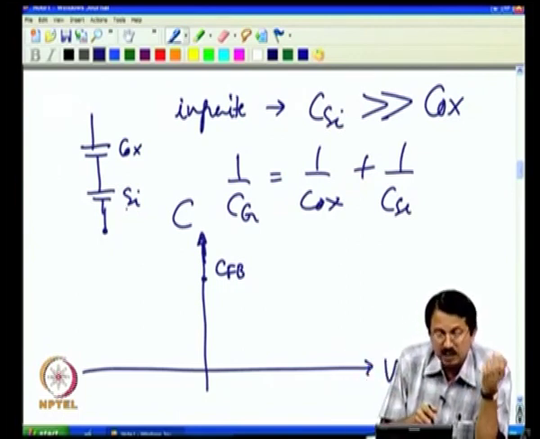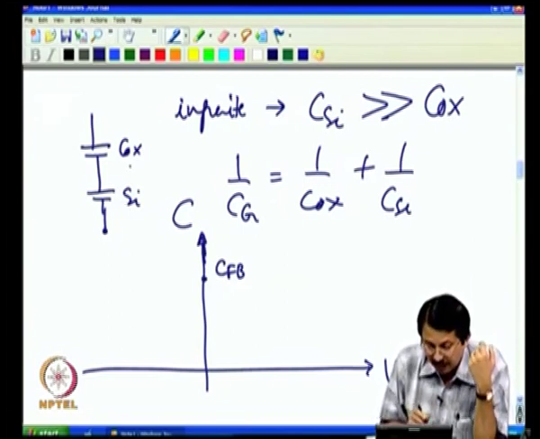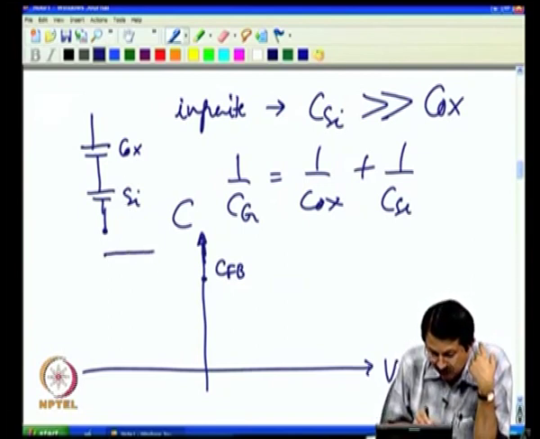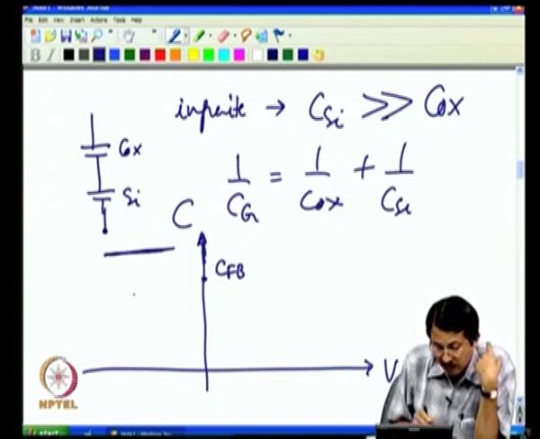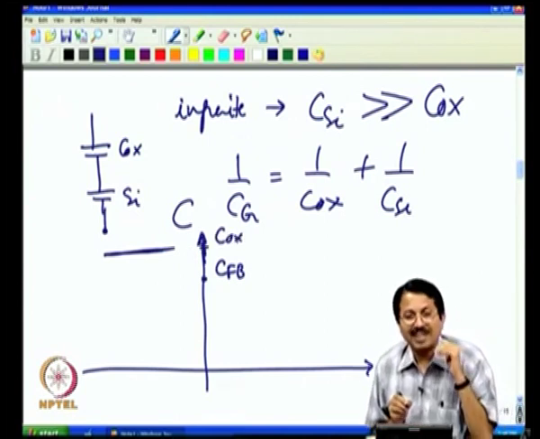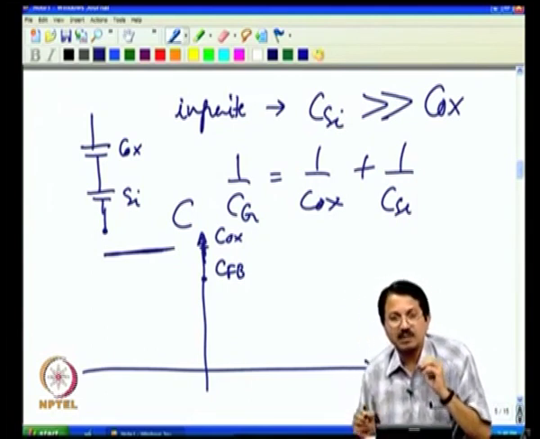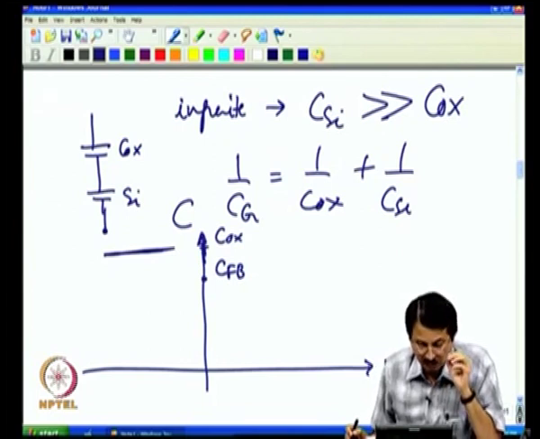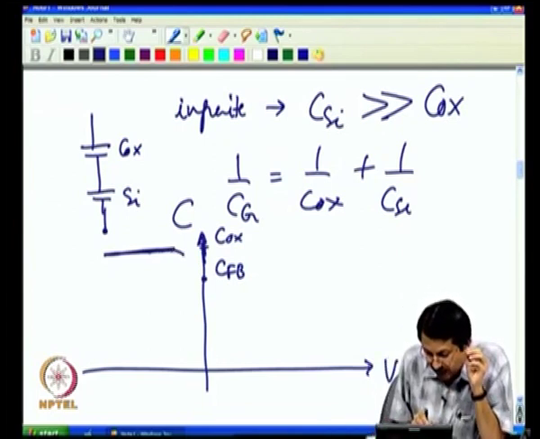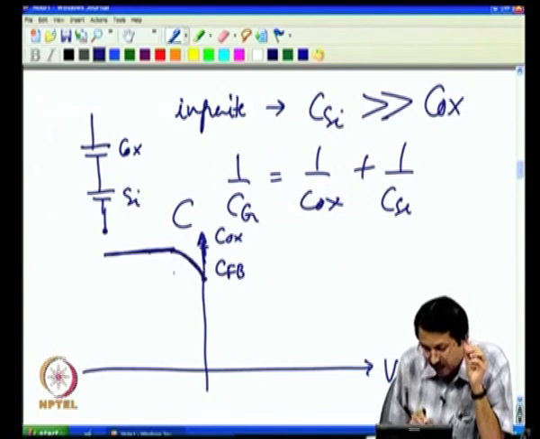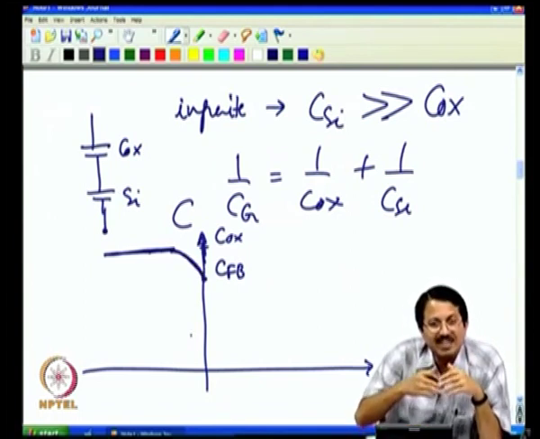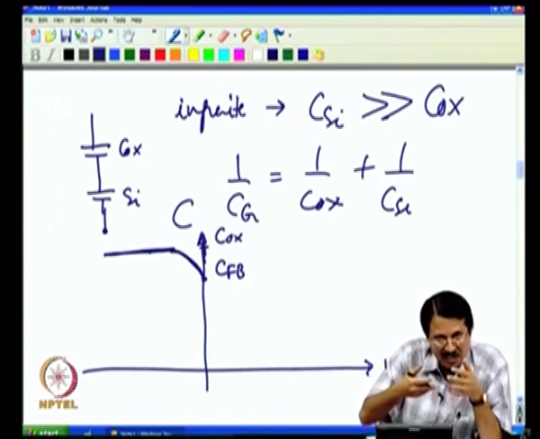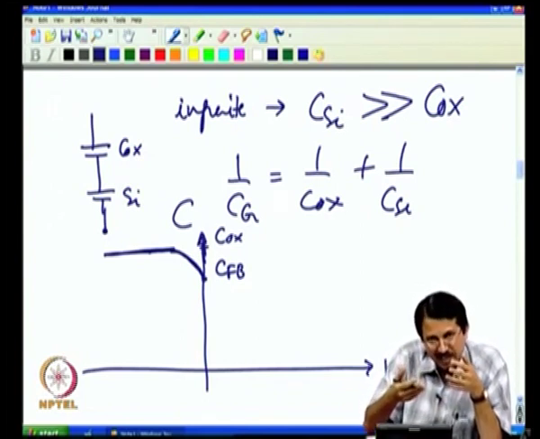In accumulation, C silicon is so large, and hence my capacitance should be constant when I go to large negative voltage. And what is this value? This value is C ox, that is the maximum capacitance I can have, measured in a MOS capacitor. And of course, when I start approaching this, it is not quite that accumulated. There is a little bit of accumulation, but not quite.